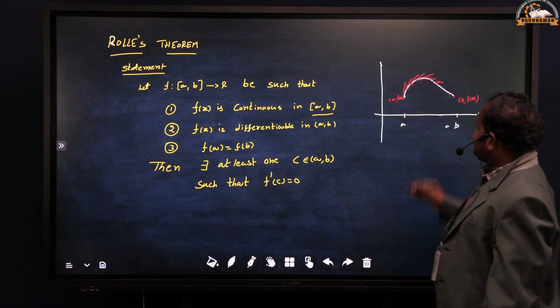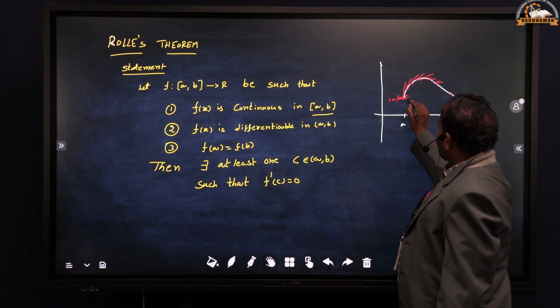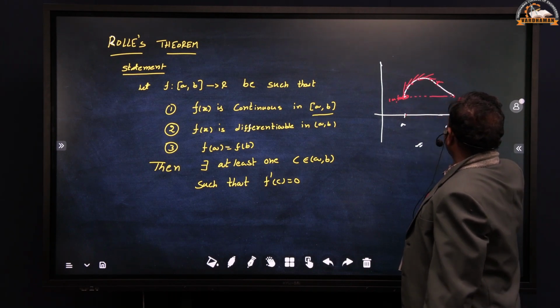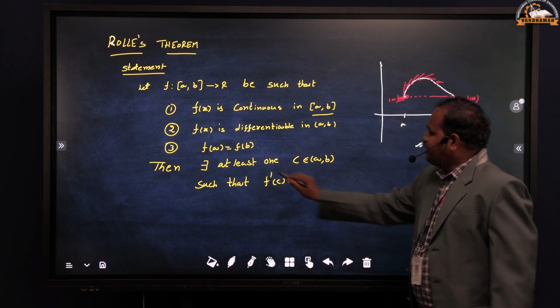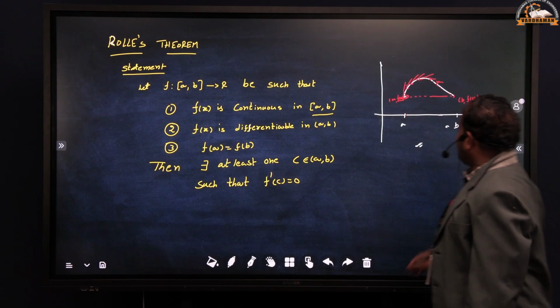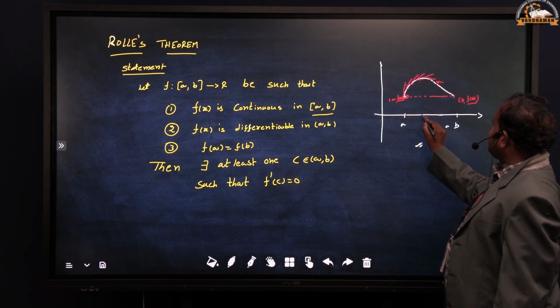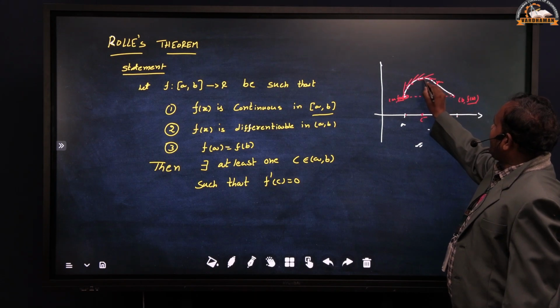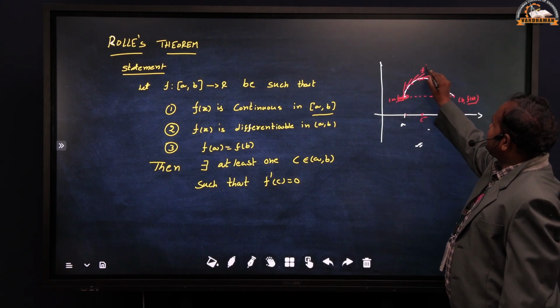Third condition: the value of f(a), this one, and the value of f(b), this one, these two should be the same. Then there exists at least one c in between these two, such that the derivative at this point is 0.